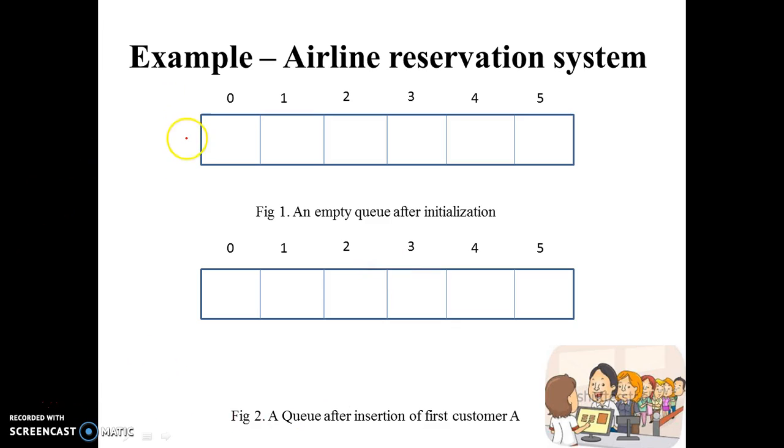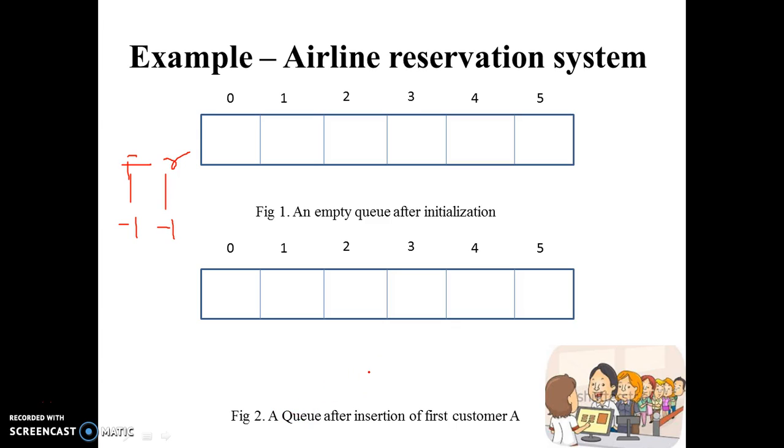First we initialize the queue. Here the front and rear are initialized with -1 because initially queue is empty. No element has been inserted in the queue.